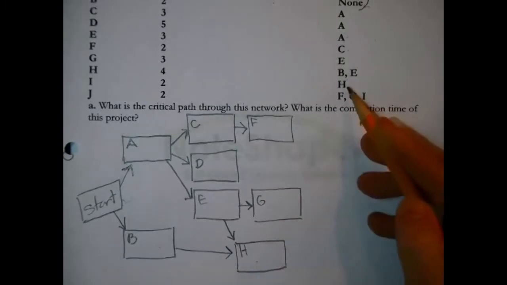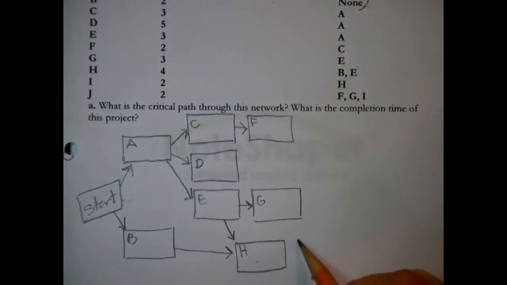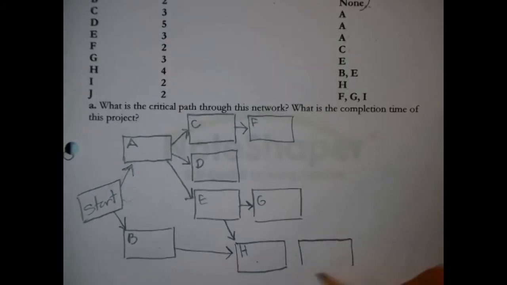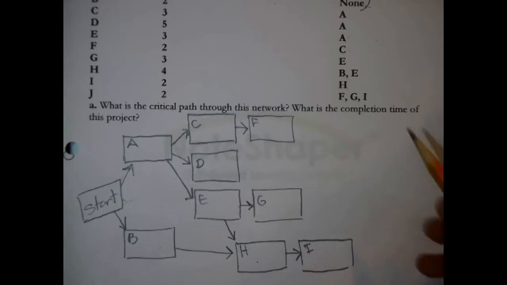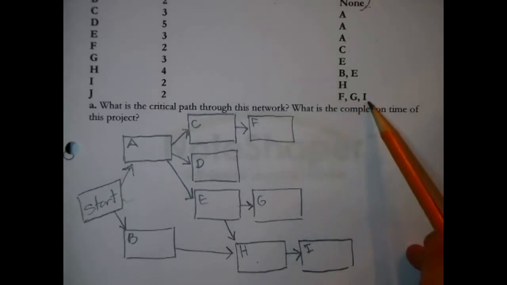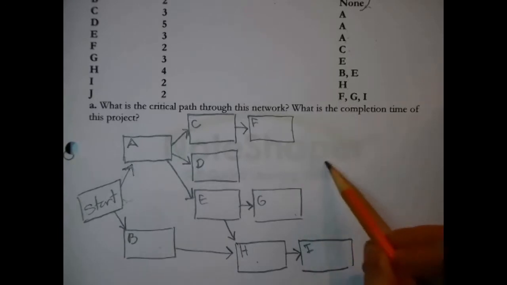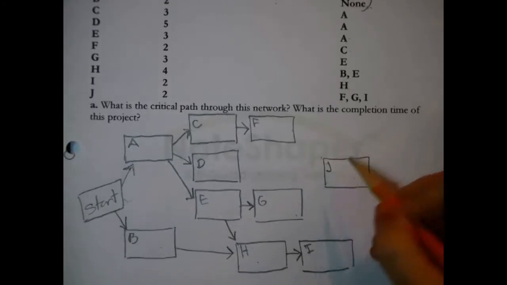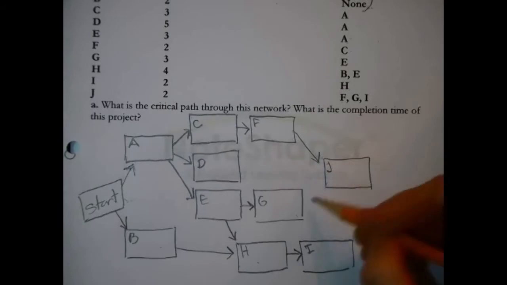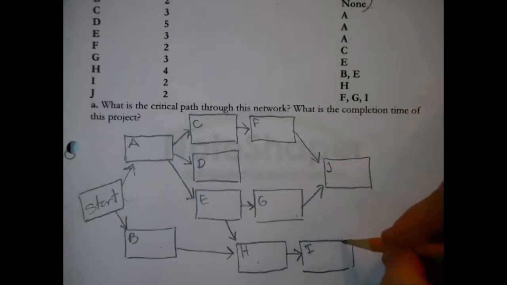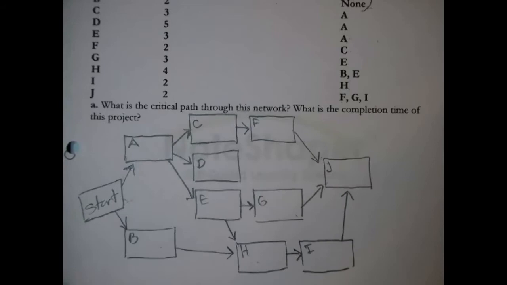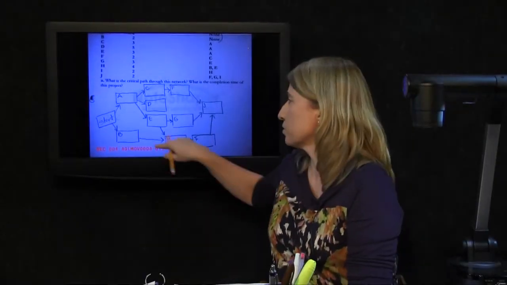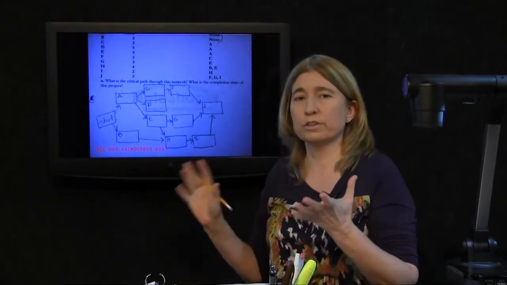All right, I has H as an immediate predecessor, so we just drew H. Move over, draw I. And then J has F, G, and I. Okay, here's F, there's G, there's I. I will draw J, and then I connect. Okay, that means that connects, and essentially that connects.